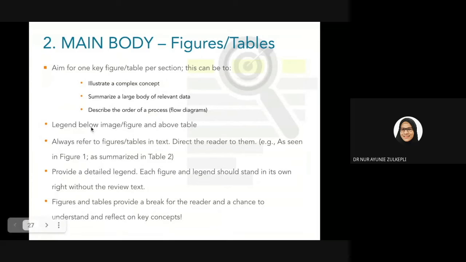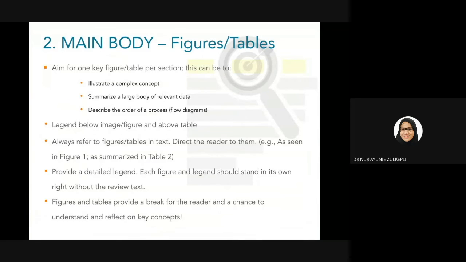And the legend is below the image or figure, and above for the table. Okay, for the table, the description is at the top, and for the figure or image, the explanation or caption is below. Always refer to figures and tables in the text. I think this is a weakness for students that may be overlooked by all of you.